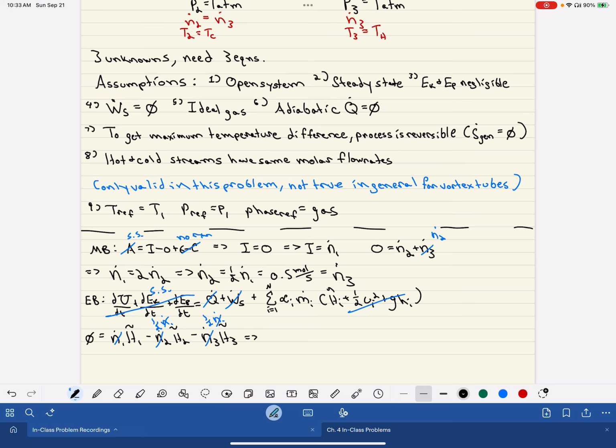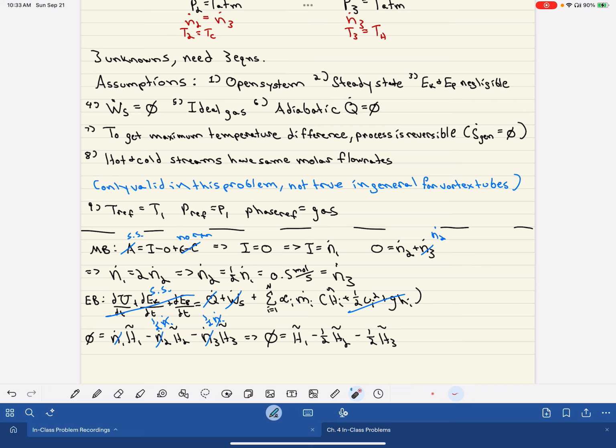And so from our energy balance, what we get is 0 equals H1 minus 1/2 H2 minus 1/2 H3. Our energy balance just simplifies down to this.